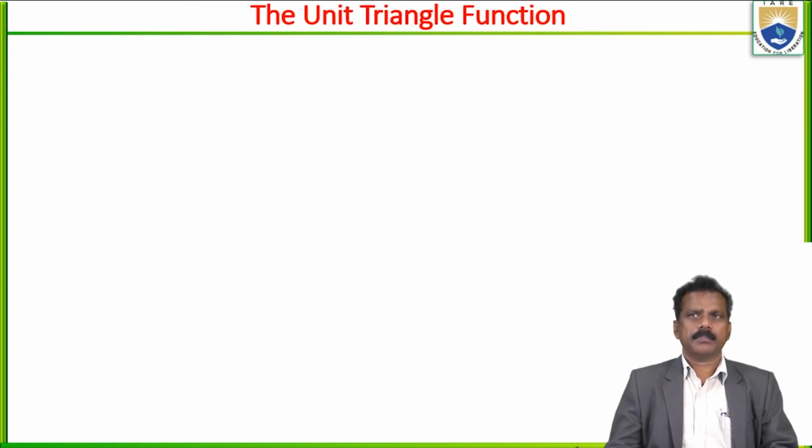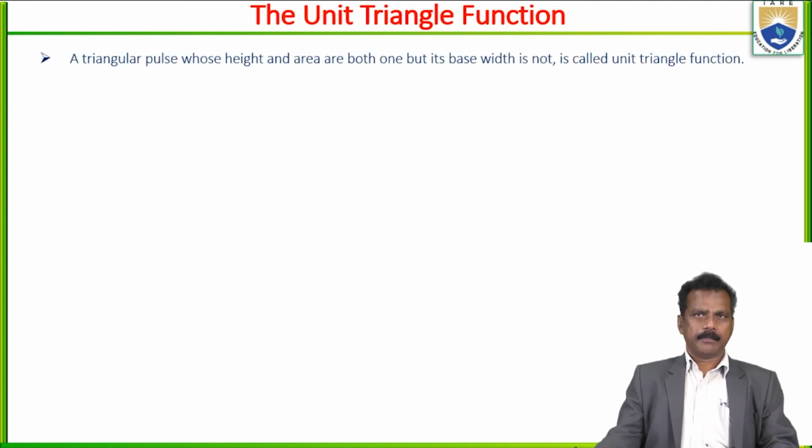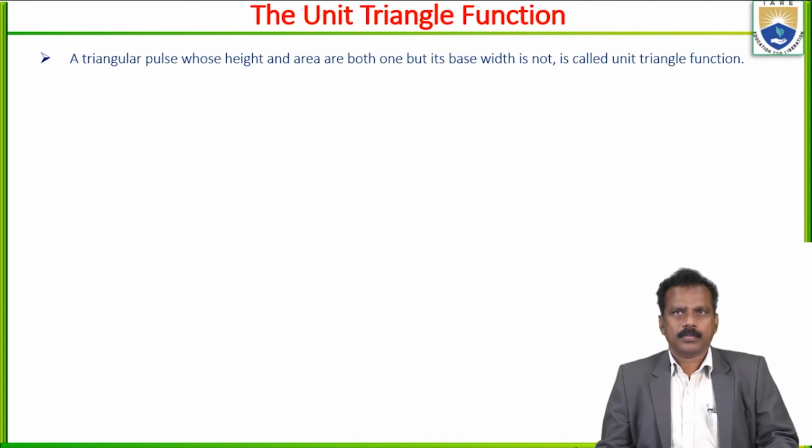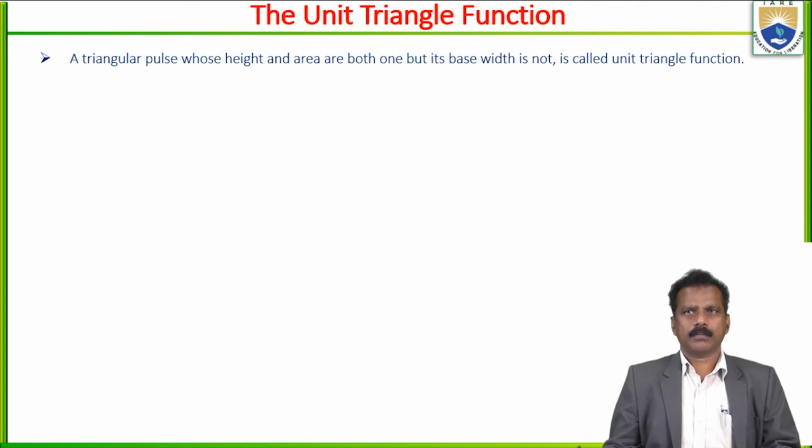We are coming to the unit triangular function. It is a triangular pulse whose height and area are both one, but its base width is not; this is called the unit triangular function.